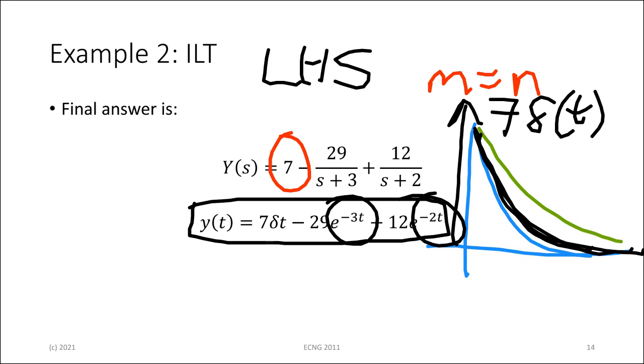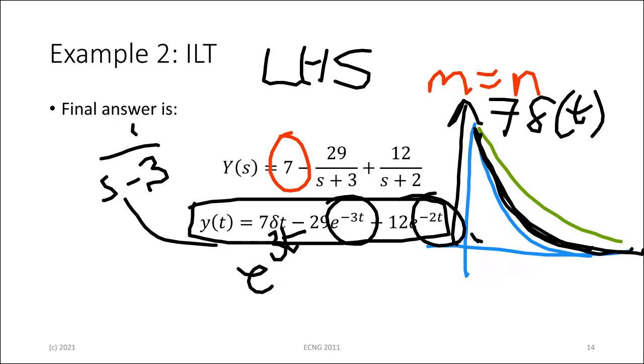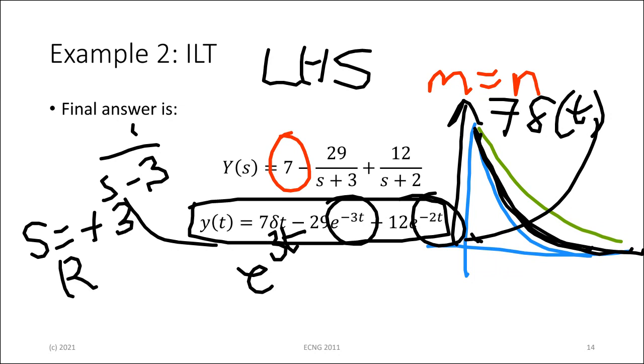As opposed to another one, if it was 1 over s minus 3, when you translate that, you're going to get e to the 3t. E to the 3t does this. So e to the 3t means the pole is at s equal to plus 3, which is on the right-hand side.